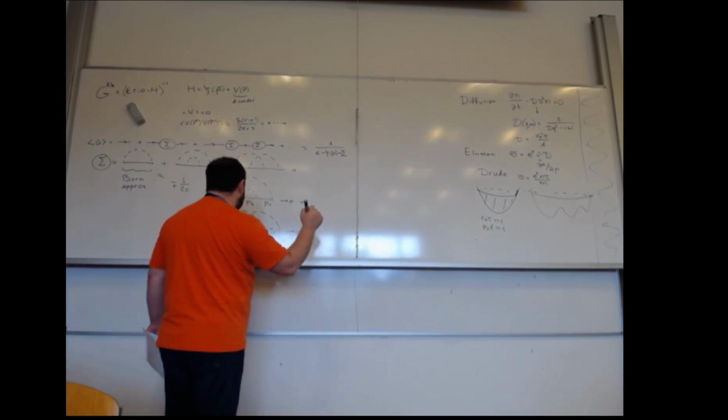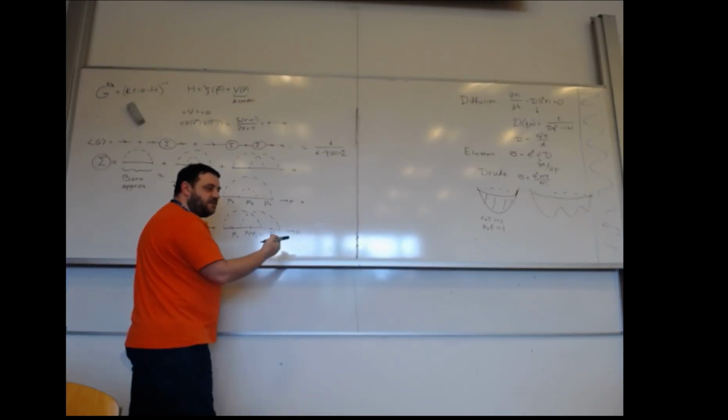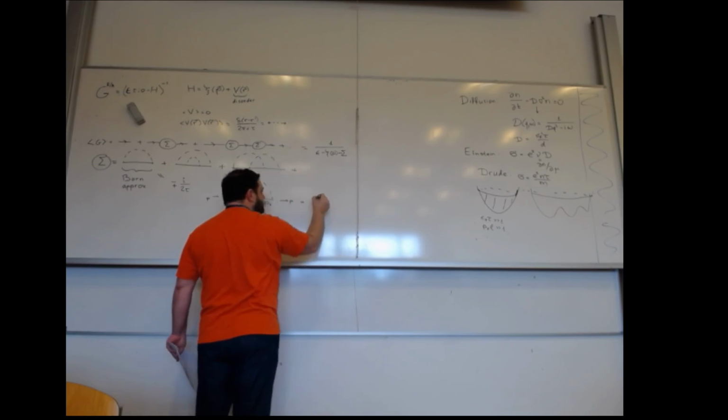So, to answer your question, I can write this diagram explicitly. It has two dashed lines, which means 1 over 2 pi mu tau squared.